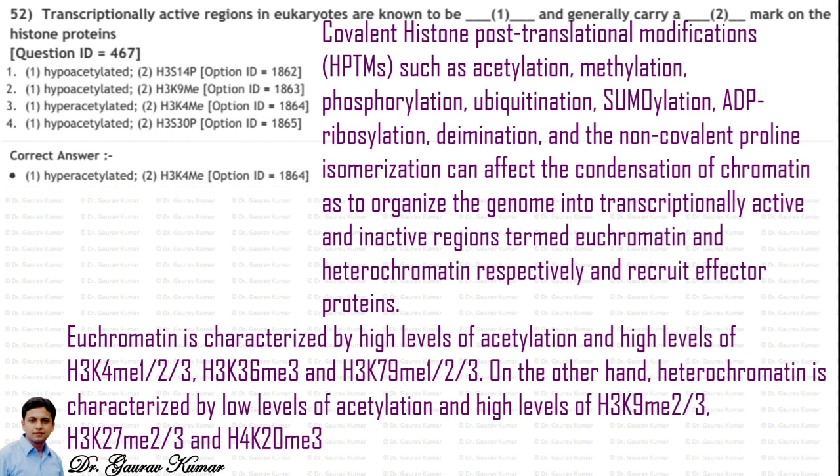So euchromatin, as the question is asking, is about these types of histone marks. Euchromatin is characterized by a high level of acetylation and high levels of H3K4me1/2/3, H3K36me3, H3K79me1/2/3.